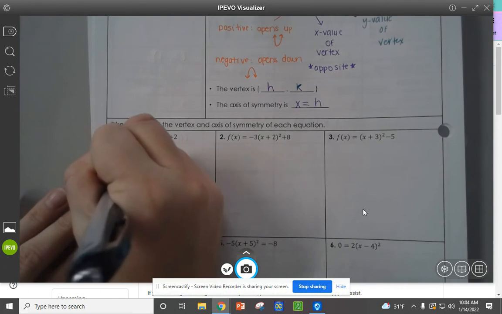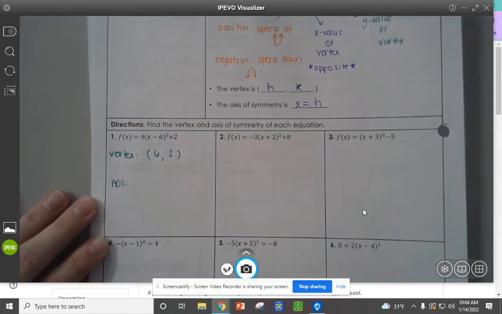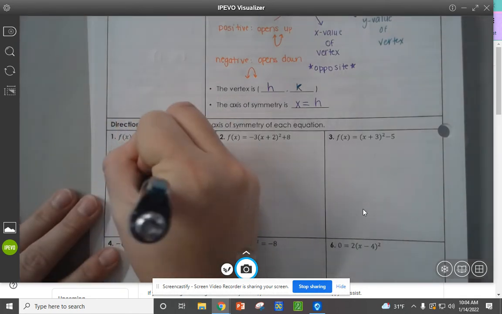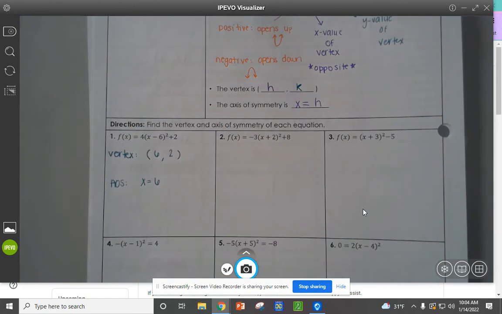The axis of symmetry is what? 2. No. Negative. No. Negative. What are you all forgetting? x equals 6. If you put 6 down, it's wrong.